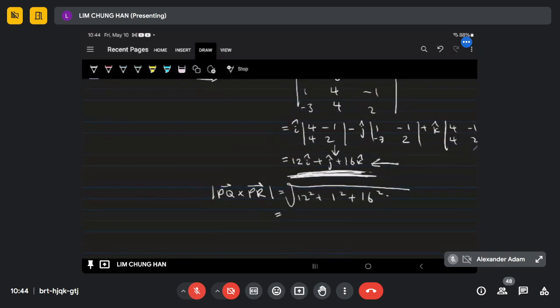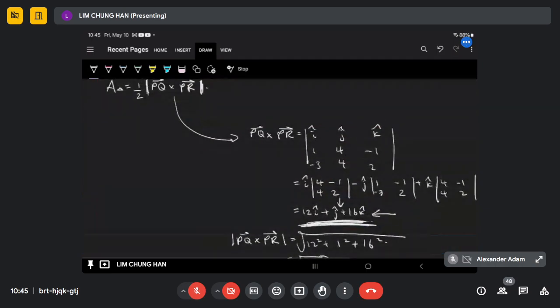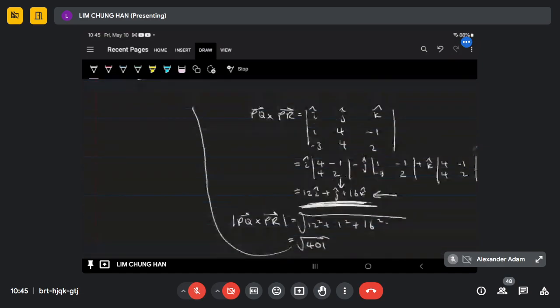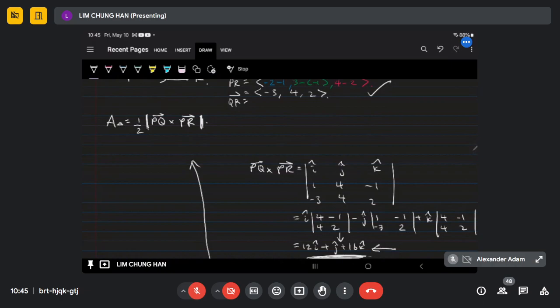You should get square root 401. Then you substitute back in here, so half times square root 401. That's your answer. Finish.